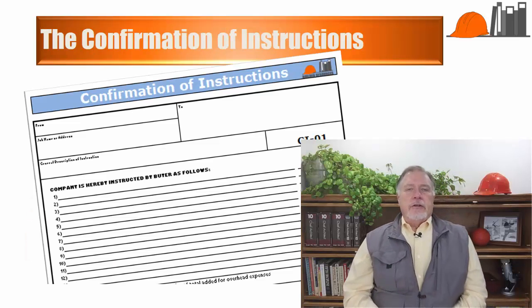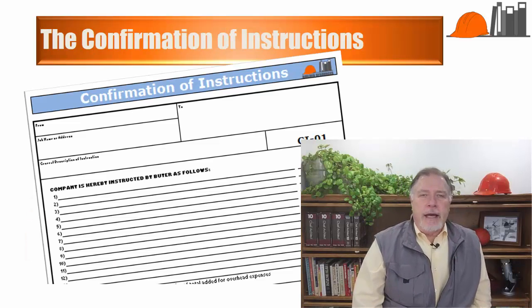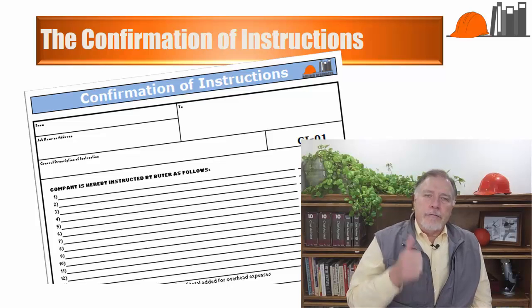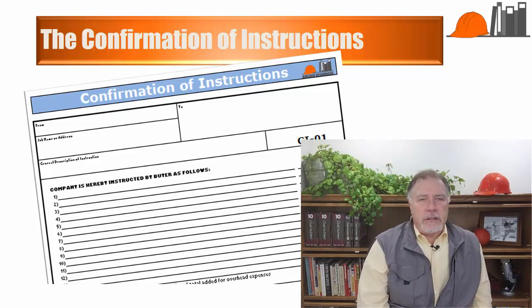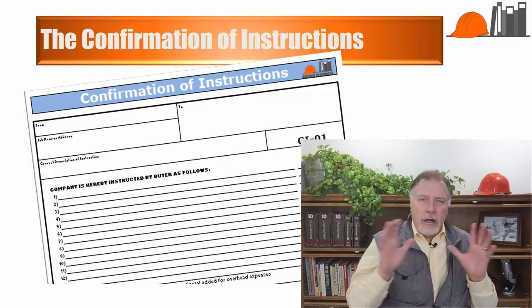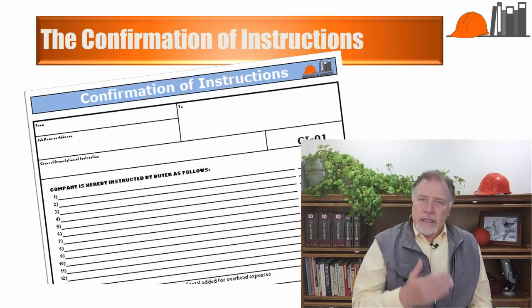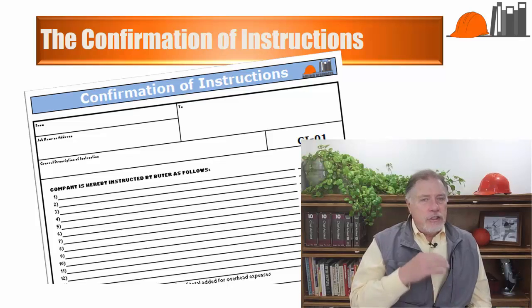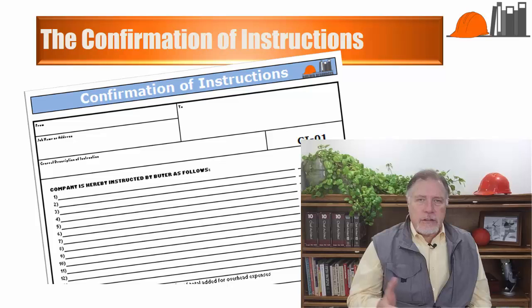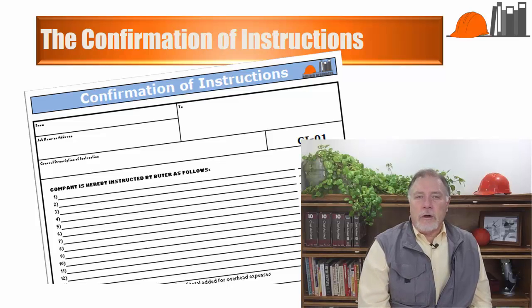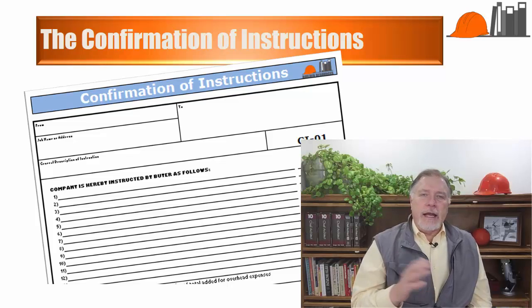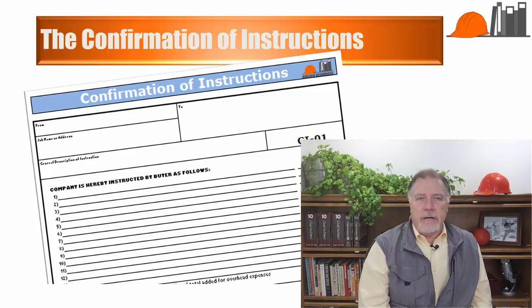Now let's quickly introduce the documents that you'll be designing to manage the client relationship. First is the confirmation of instructions. This document replaces the change order and has a larger scope than the change order. With it, you can capture and document information about selected specifications, changes from the initial specifications, requests for additional work not included in the initial scope of work, and any other client requests pertaining to the project.